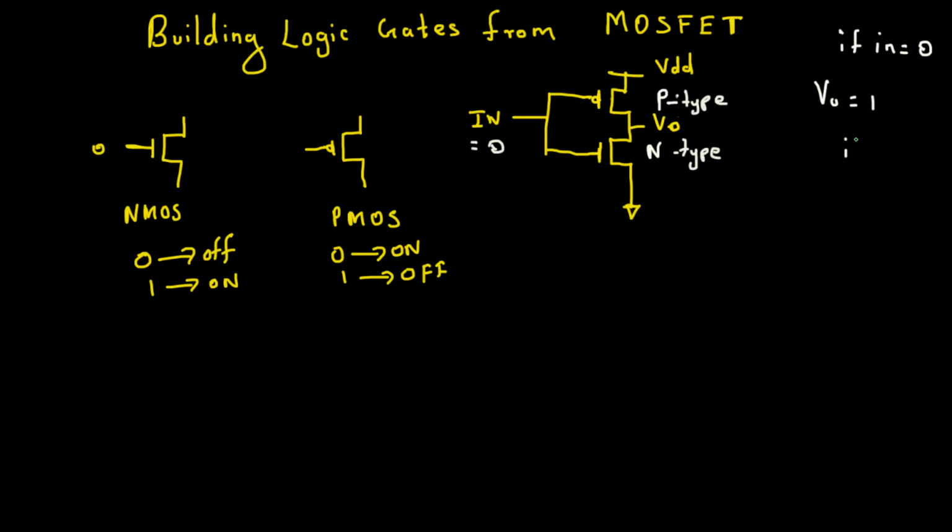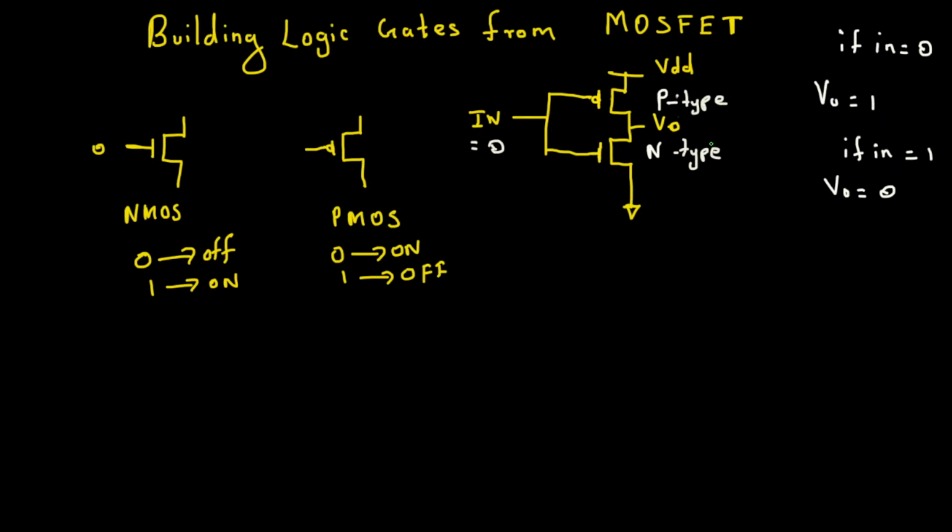If the input is 1, what will happen? The PMOS is going to turn off. So this makes it an open circuit, and the NMOS is connected to the ground, so you get V output to be 0. That's the CMOS behavior.